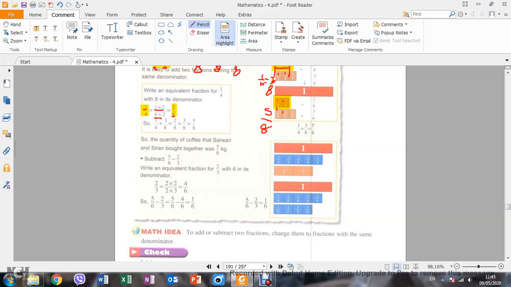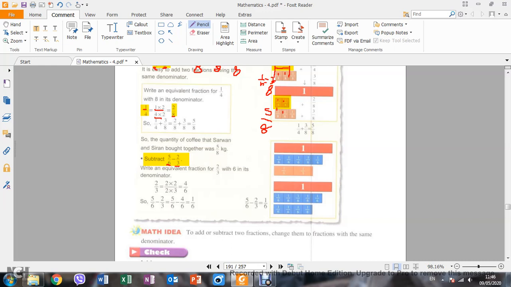Now for subtracting, okay? How do we subtract with unlike denominators? The same, only we minus it. Subtract means minus. So 5/6 minus 2/3. Okay, look, we have what? 6 and 3. First look at the denominators. We have 6 and 3.